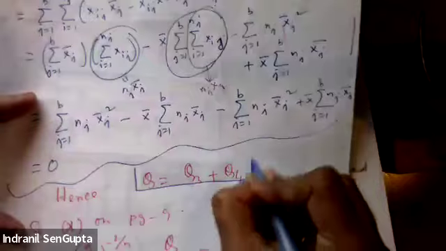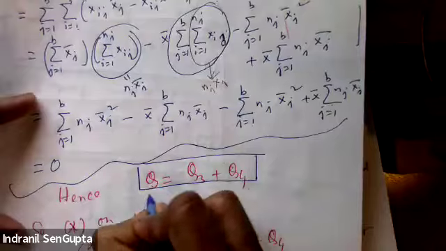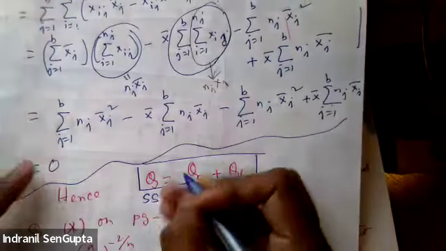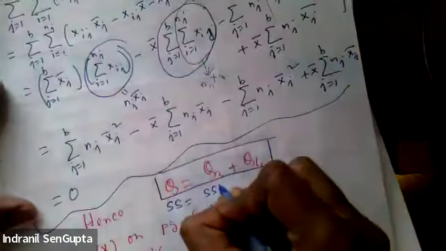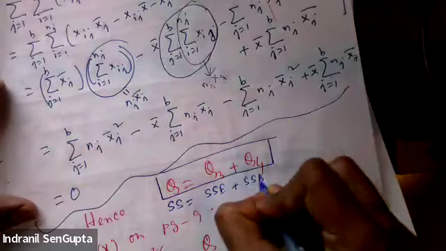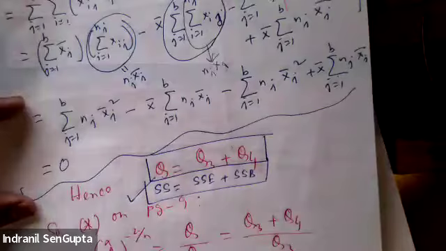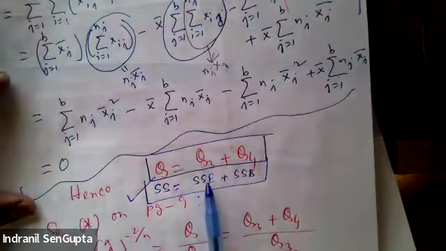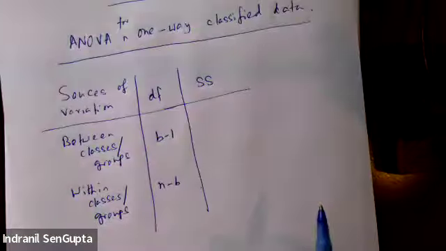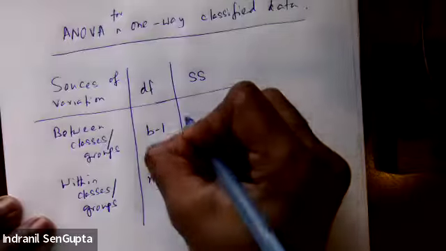When we say Q equals Q3 plus Q4, this is really sum of squares equals SSE plus SSB, where Q3 is our SSE. So that is the relation: sum of squares is SSE plus SSB. All right, so let's write. The first one is SSB.